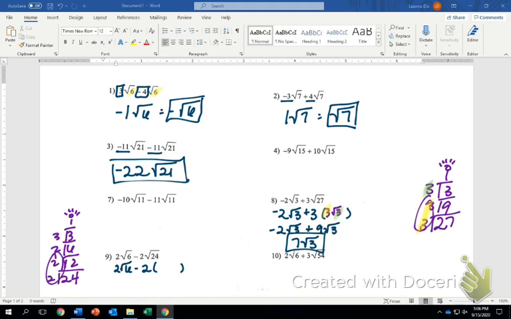In this case, I have 3 and 2, so 3 times 2 is 6. So my answer should say 2 times the square root of 6. Again, we go back to PEMDAS. So I can multiply and get 2 times 2, which is 4. Add my like terms to get 2 minus 4, which is a negative 2 times the square root of 6.